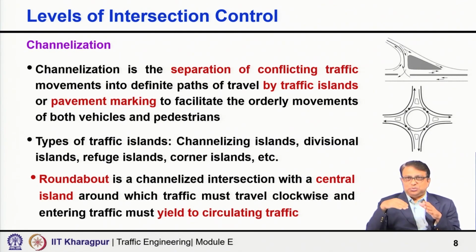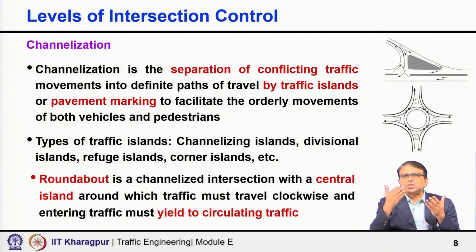So, the more you channelize vehicles in a definite path, whether merging or taking a left turn, all vehicles travel along this path, and the merging happens at a certain angle. That kind of thing we can control, and we can design it so that the overall safety is enhanced.